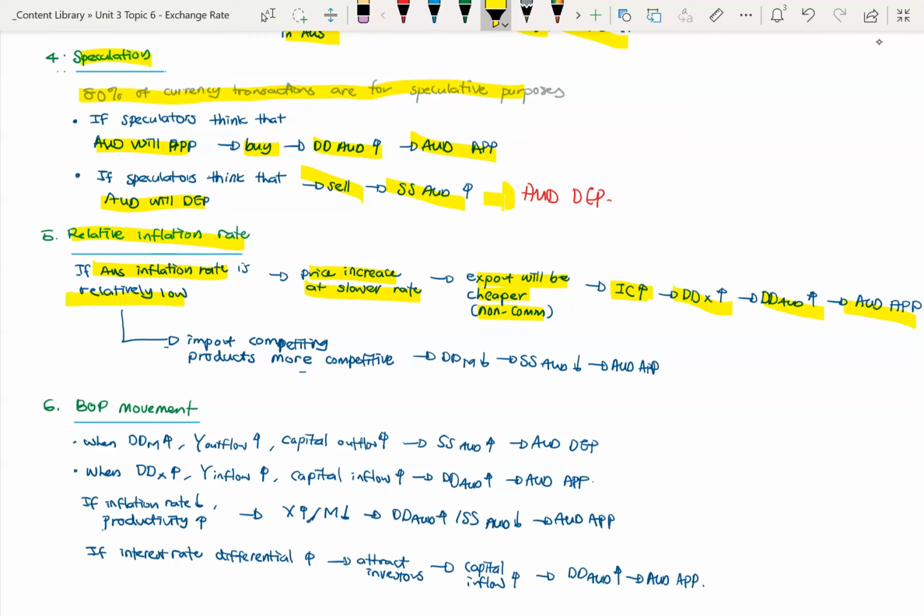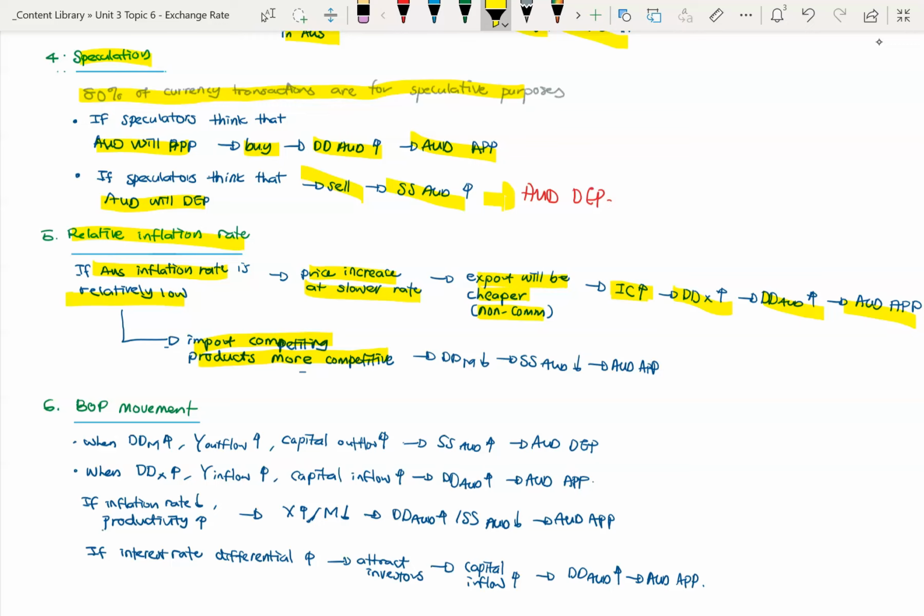Okay, now if Australian inflation rate is relatively low, means your product price will be relatively lower, right? So your import competing products will be more competitive. Import competing products are those products that are similar to imported goods. That means you produce a car that is similar to an imported car. Then this car produced in your country will be an import competing product.